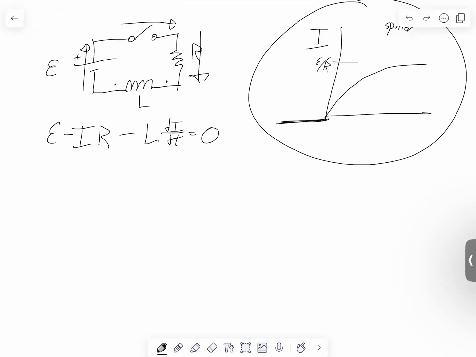Okay. The way to solve this linear first order inhomogeneous differential equation is as follows. We've done this before with capacitors, and I've given you the solution. But let me walk you through this. Again, like I said before, who's taking DiffyQ? Just a couple of you, right?